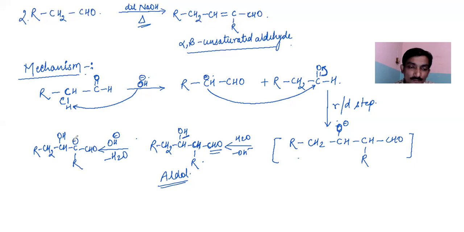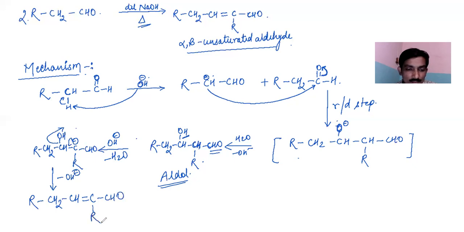Because of the formation of this carbanion, the OH leaves, and we have our final product RCH2CH=C(R)CHO. This is our final alpha beta unsaturated aldehyde as a product of this aldol condensation reaction.